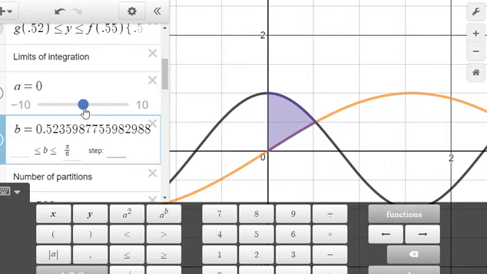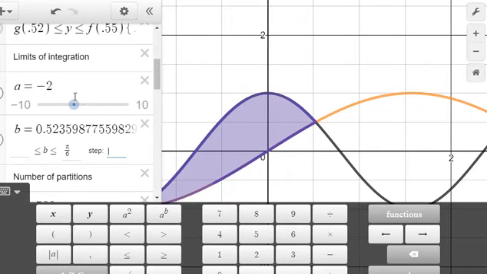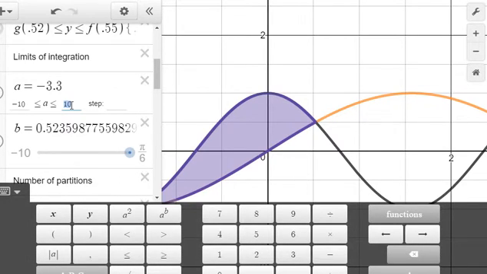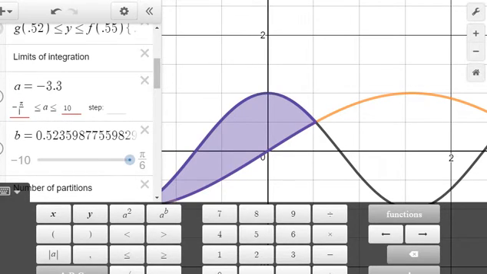So, let's see. Where'd that one go? It didn't change. Try it again. Negative pi over 2.